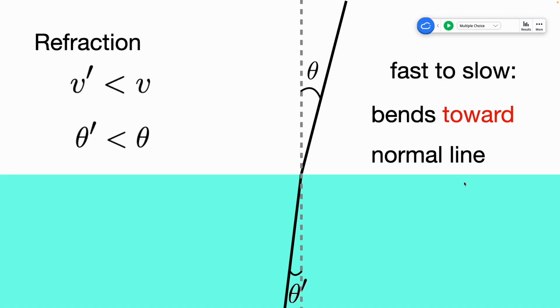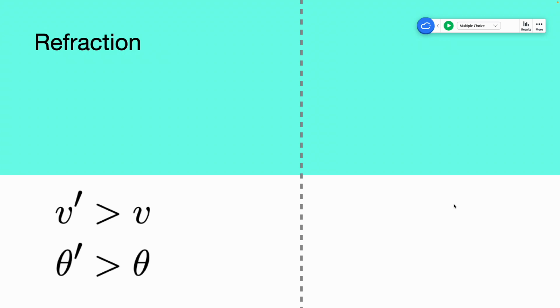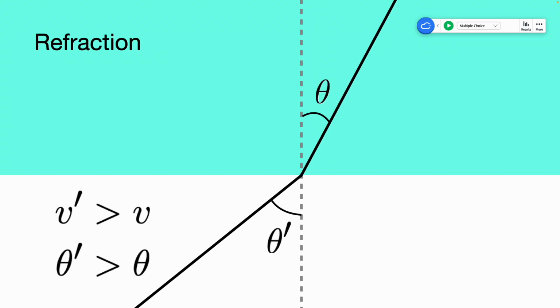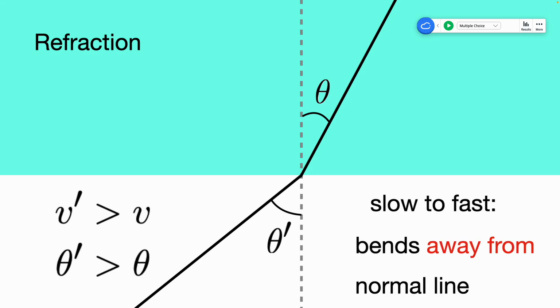On the other hand, when you have a light ray that comes from glass into the air, now you are going from slow to fast. And you can see that if you go from slow to fast, I hope it looks like in the glass it is horizontal and that it bends away from the normal line.